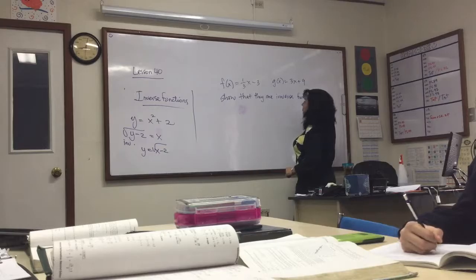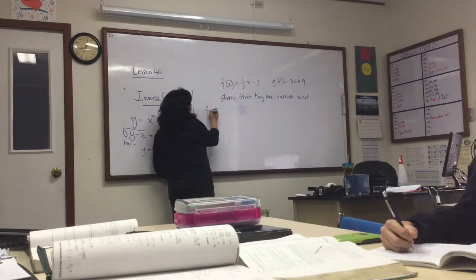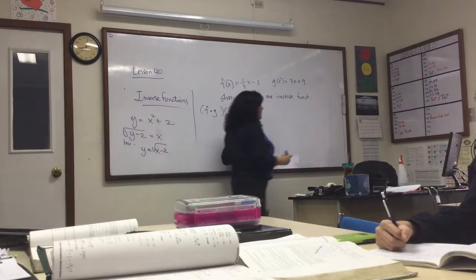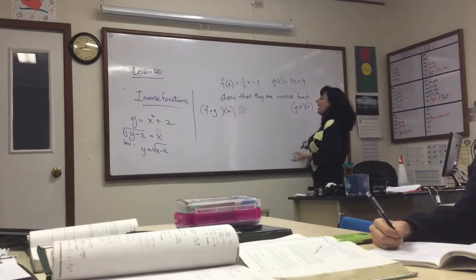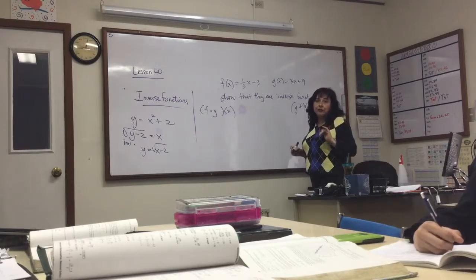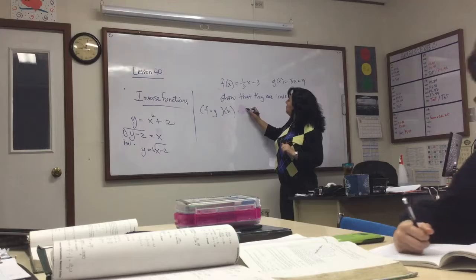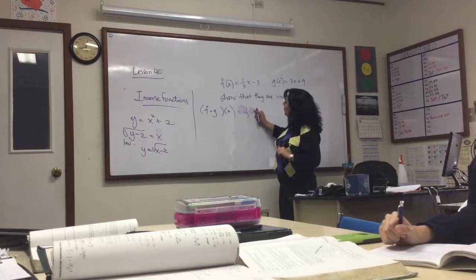So how do you solve it? You do f of g of x, and you do g of f of x, and they should both equal x. If they do, then they're inverse functions. So this is f of g, so it's 1/3 of 3x plus 9, minus 3. I'm writing the long way, but you can skip a couple of steps if you want.